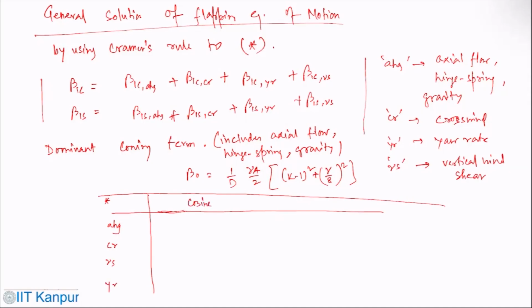We have cosine, which is beta 1C star, and sine, beta 1S star.